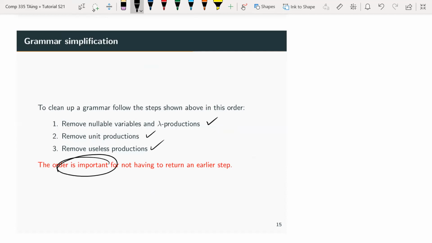And so the order is very important to remember, okay? Because if you don't respect the order, then you might have to redo a step. And so it's not the efficient way of doing it. And if you just do it in one pass, then you might not get a simplified grammar, okay?